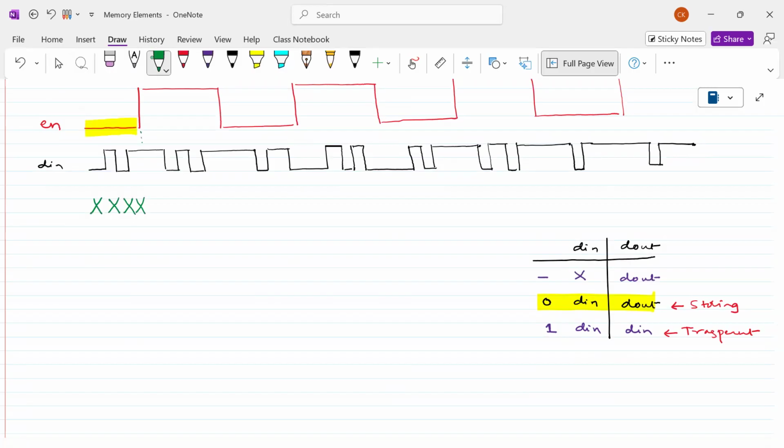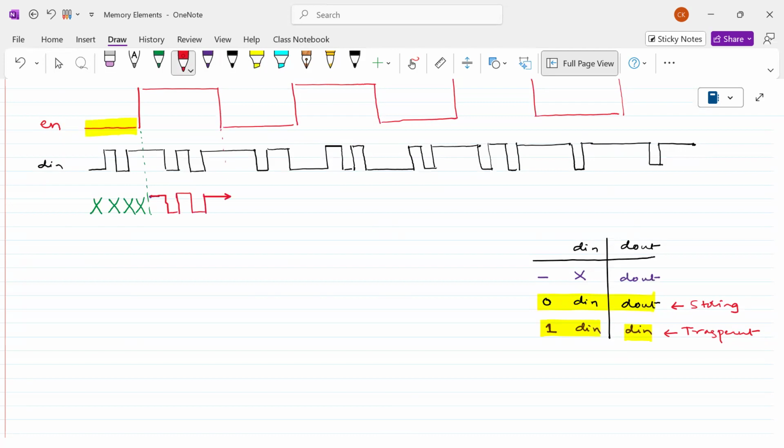But exactly when enable is equal to 1, what is happening here? If the enable is equal to 1, the input is transferred as the output. Therefore, let me write here: this is 1, this is 1, till this point.